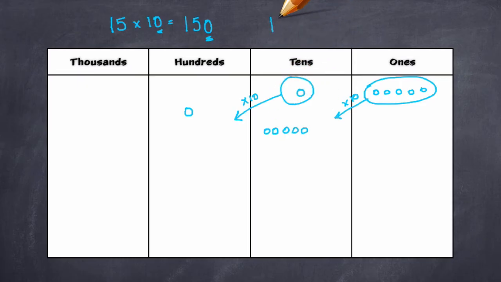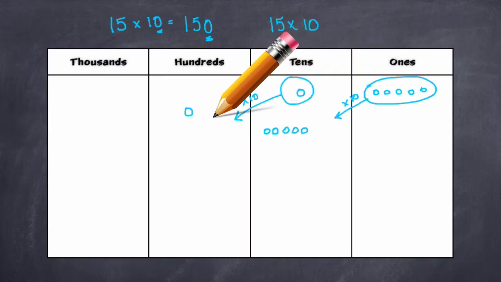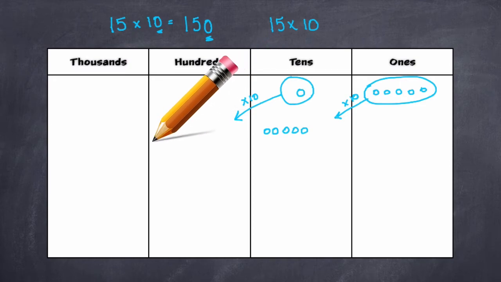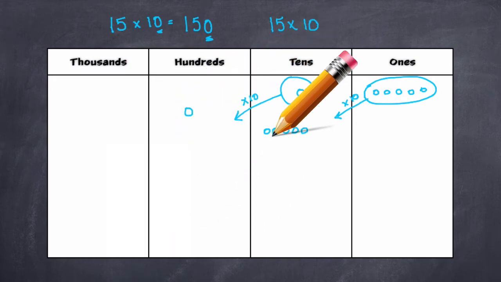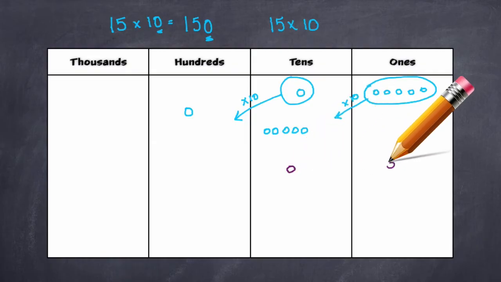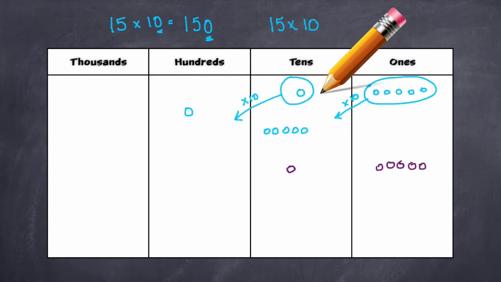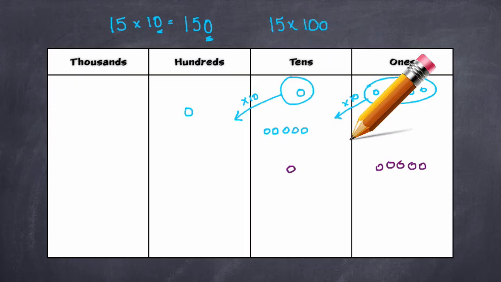Same thing if I was going to do 15 times 100. Again, I'm going to have to move each of these 2 spots, right? Because one jump would be 10, and another jump would be times 10 again, which would be 100. Just to illustrate this in another color, I represented my 15 here on the place value chart, and I would have to multiply by 100.